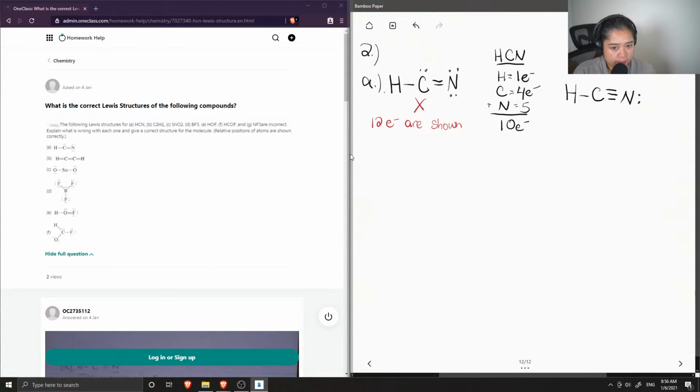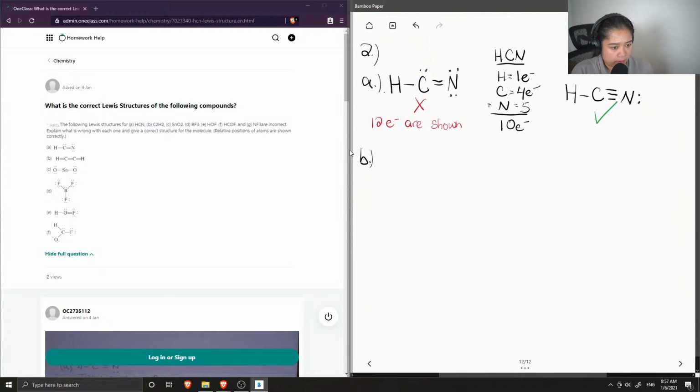So you'll notice that the carbon still has a full octet, and the nitrogen now just has a single lone pair. So if we count out the total valence electrons, we have 1, 2, 3, 4, 5, 6, 7, 8, 9, 10. So this is the correct structure.